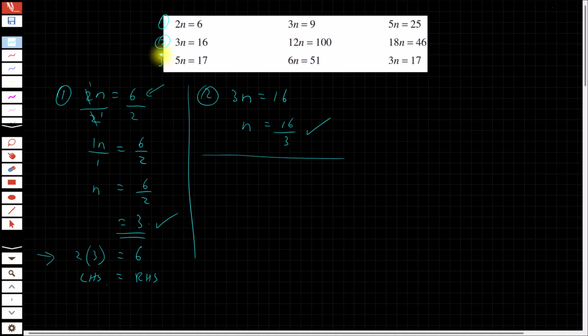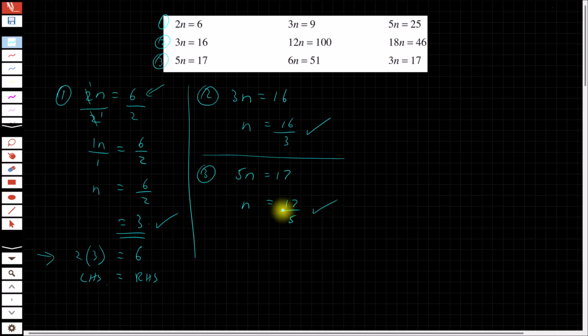Number 3. 5n equals 17. We need to eliminate that 5, so we divide the left hand side by 5. We also divide the right hand side by 5. Whatever we do to the left hand side, we need to do to the right hand side. 17 over 5 can't be simplified any further, so that is the correct answer.